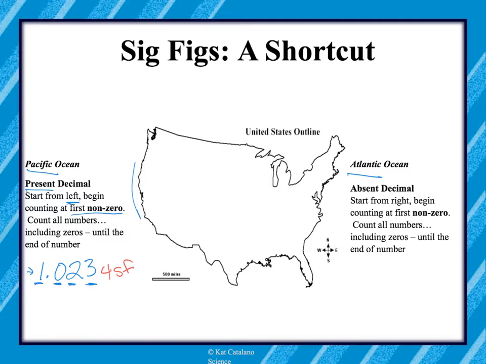On the other side, if my decimal is absent, I'm going to start counting from the right, because the Atlantic Ocean, also starts with an A, is on the right side of the continent. So for example, if my number is 1,200, and I start counting from the right side, the first number I run into that is not a 0 is that 2. So that would be 1, 2 sig figs. And it's easy as that.